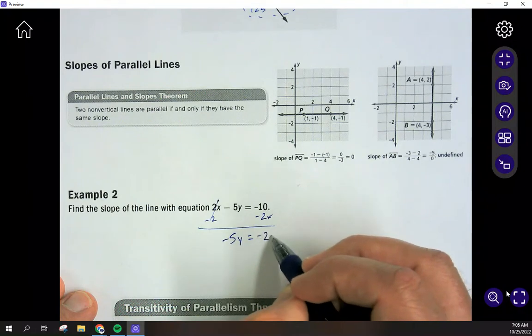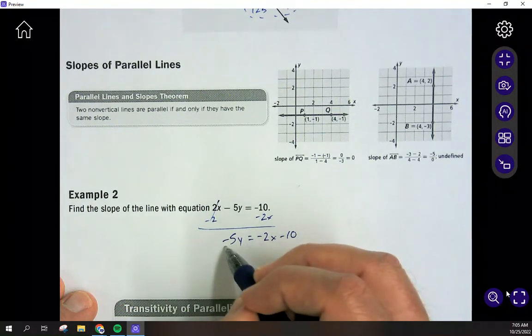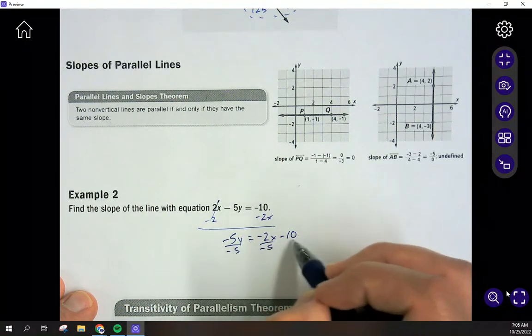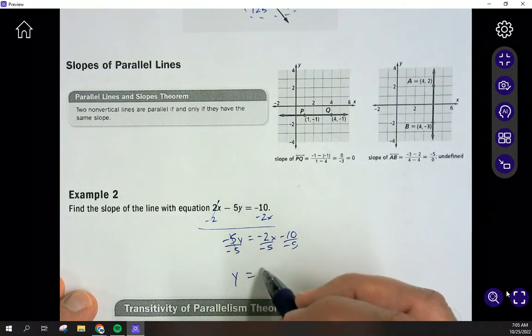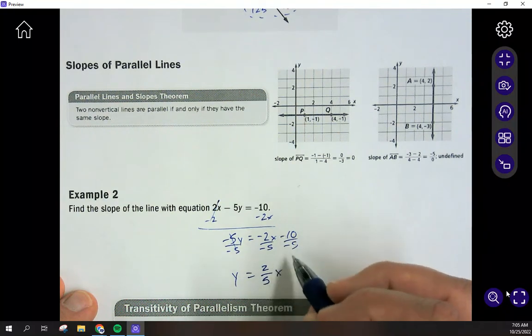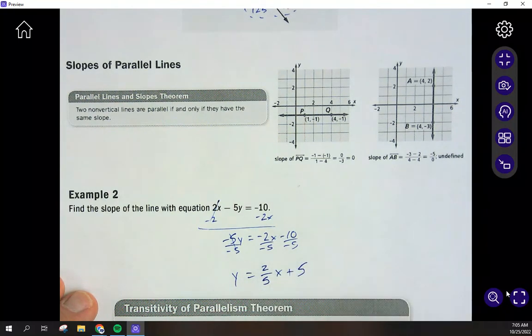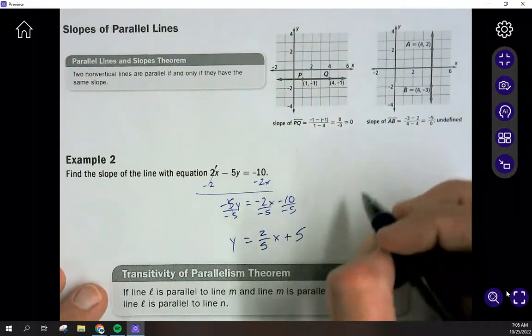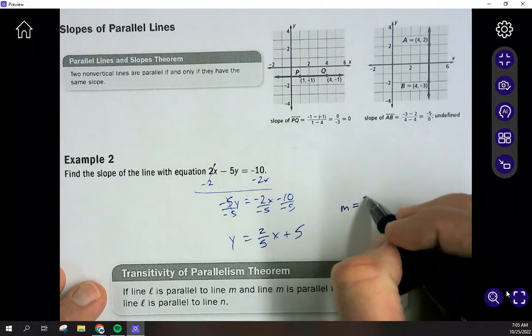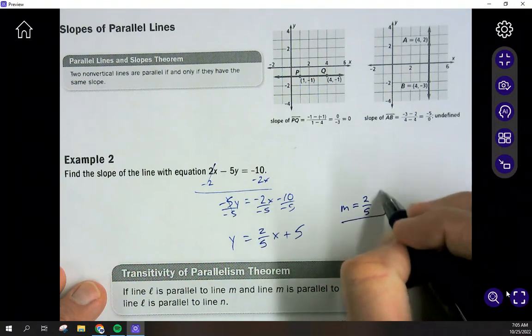Can't combine, keep these separate. Divide by -5 all the way across. Y equals, 2 negatives cancel, 2/5 x, plus 5. You've got your slope and your intercept.